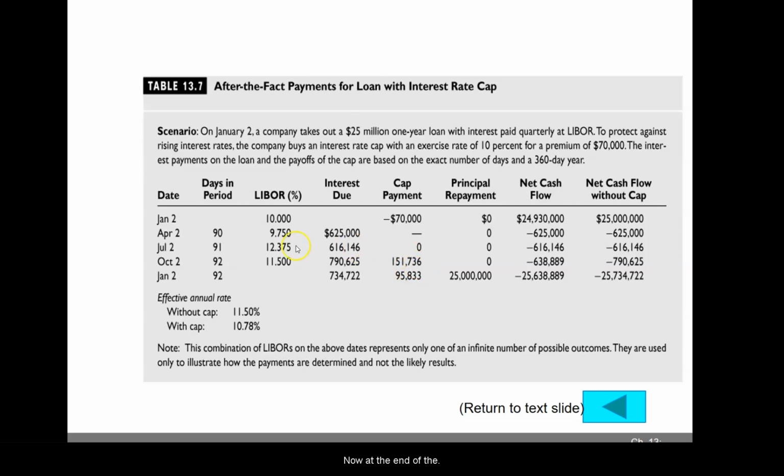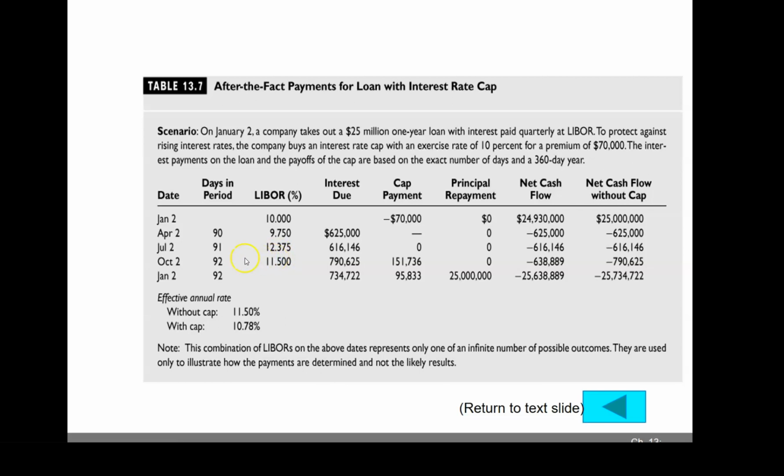Now, at the end of the third quarter, the interest rate is 11.5, which again is higher than the cap exercise rate of 10%, which means the caplet here, that is the third caplet, is in the money. So the payoff again will be calculated here, but it will be received at the end of the fourth quarter.